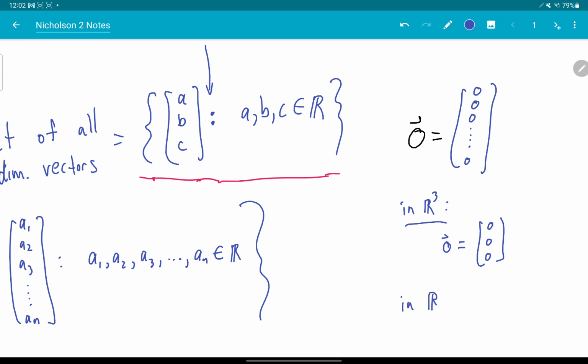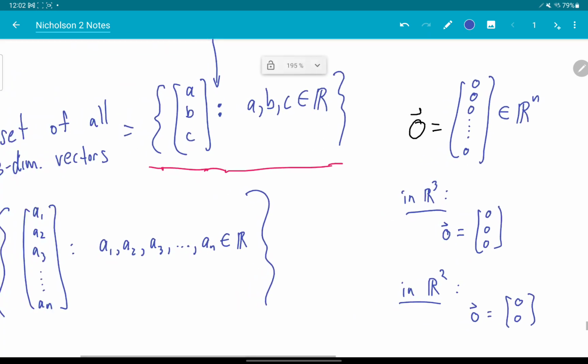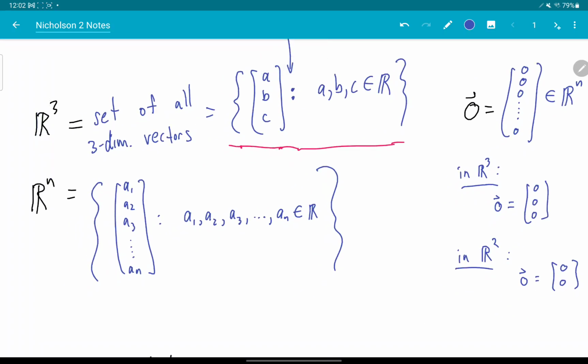In R2, the zero vector is just 0, 0. And this guy up here, I would say, is in Rn, because I have not specified the dimension. Okay, so Rn and the zero vector, hopefully I've pinned those down a bit more clearly for you.